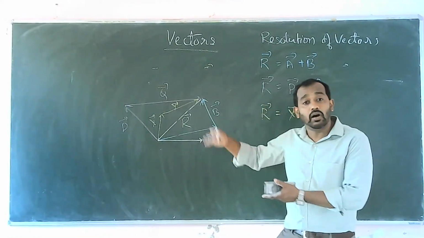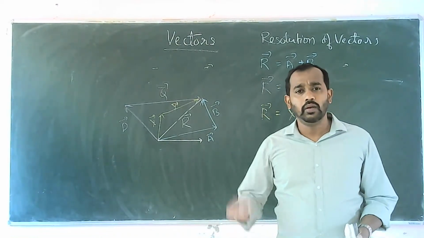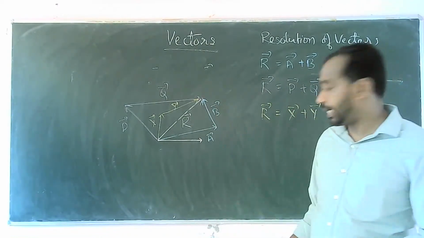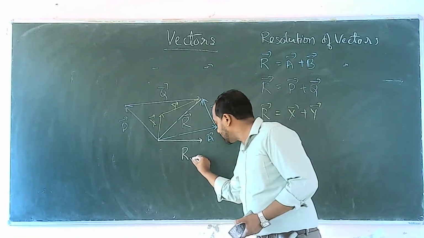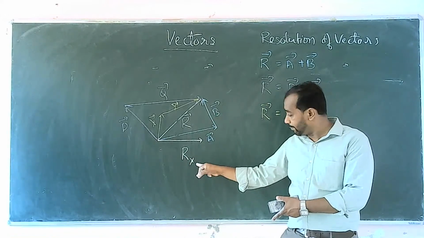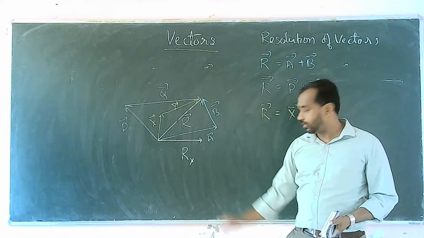Since it is along the x-axis, and this direction is a reference direction, we assume that it is along the x direction, and this component of the vector R, I will represent as R subscript x, that is, the component of R along the x-axis.